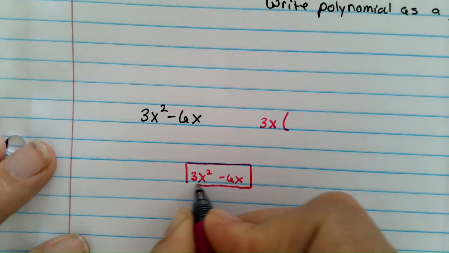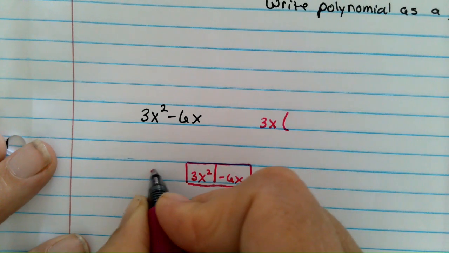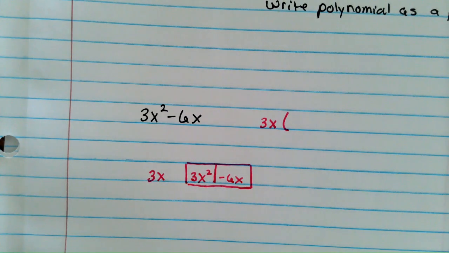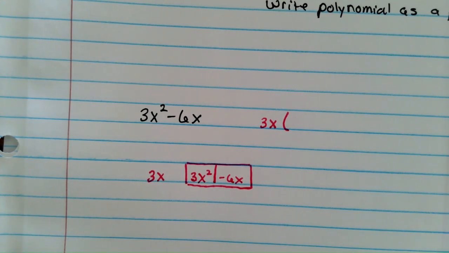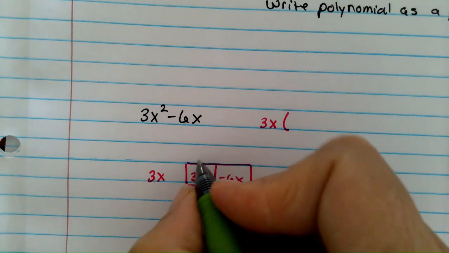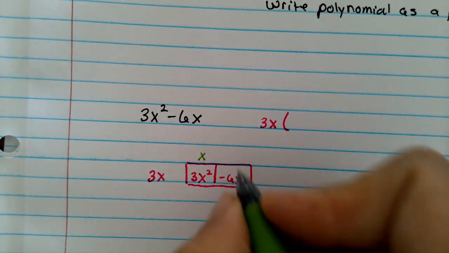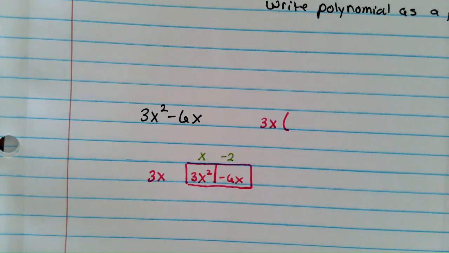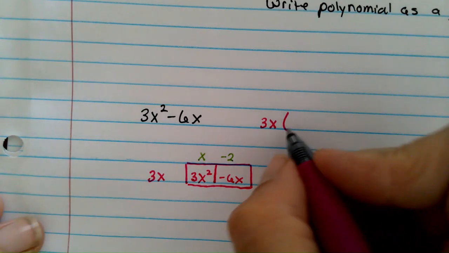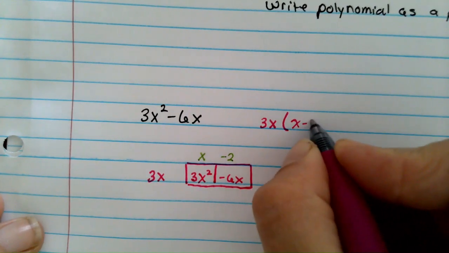You have to give me what's outside. So since they have a GCF, that would be a monomial. So we need a monomial, and now we have to fill in both things on the top. So we would need an x here to create the x squared, and we need a negative 2. So it would be 3x multiplied by x minus 2.